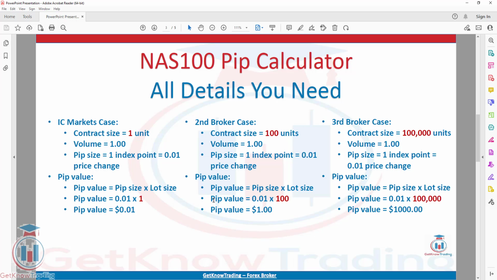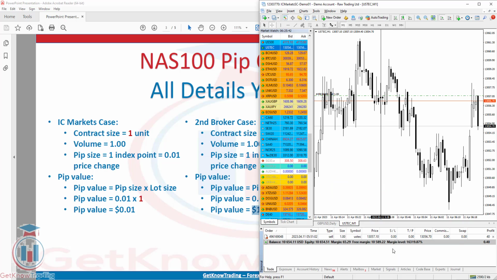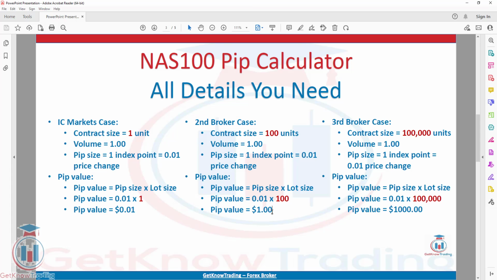Okay. In the second broker case, we have a contract size of 100 units. So you would calculate the Pip value by 1 pip, 0.01, multiplied by 100, and you would get 1 pip equal to $1. And that means if the price changed from 13057.10 to 0.11, you would make $1.